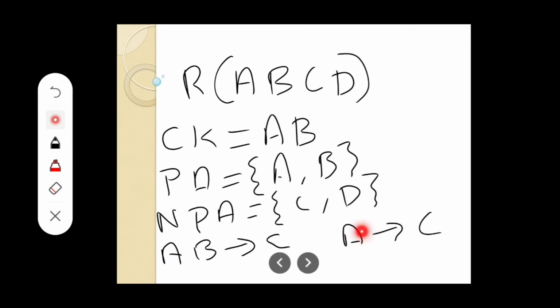A is actually a proper subset of the candidate key, right? Our candidate key is AB, and A is a proper subset of AB.